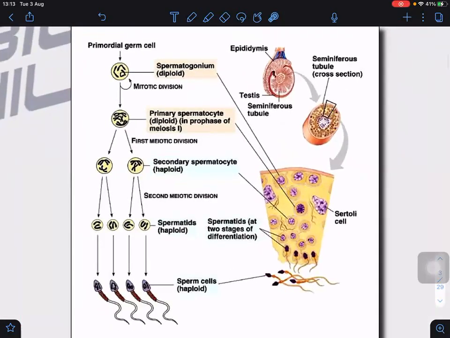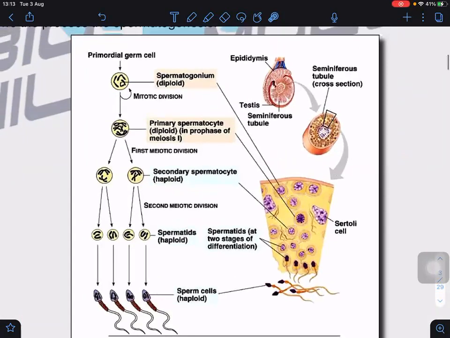So look at this diagram. We have the mother cells, the sperm mother cells. In this case, we call them primordial germ cells. First, primordial germ cells continue to carry out mitosis. So we have the spermatogonium, singular, and we make many spermatogonia through the process called mitotic divisions, or mitosis.